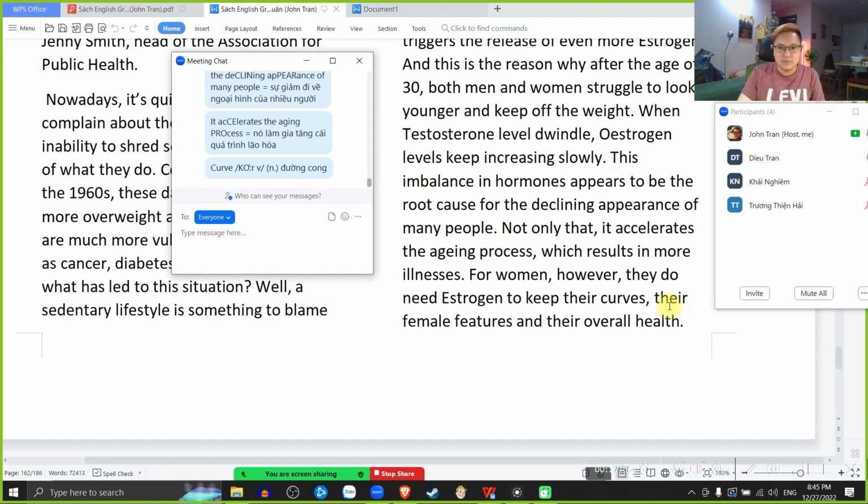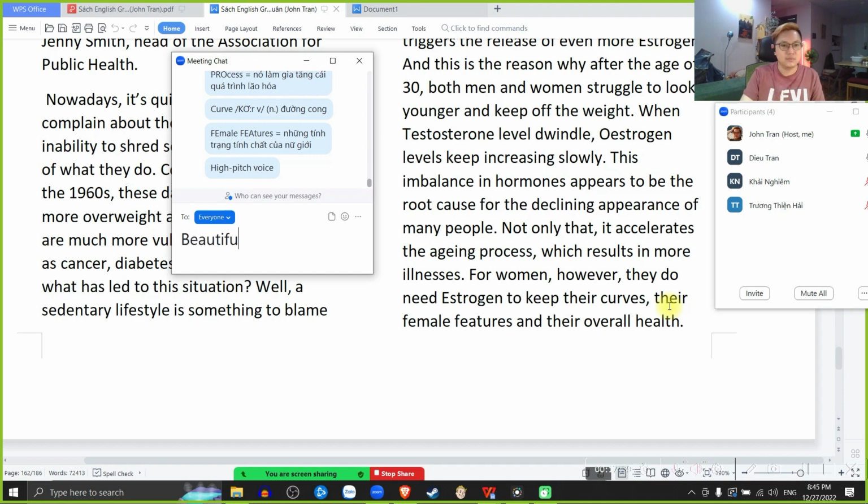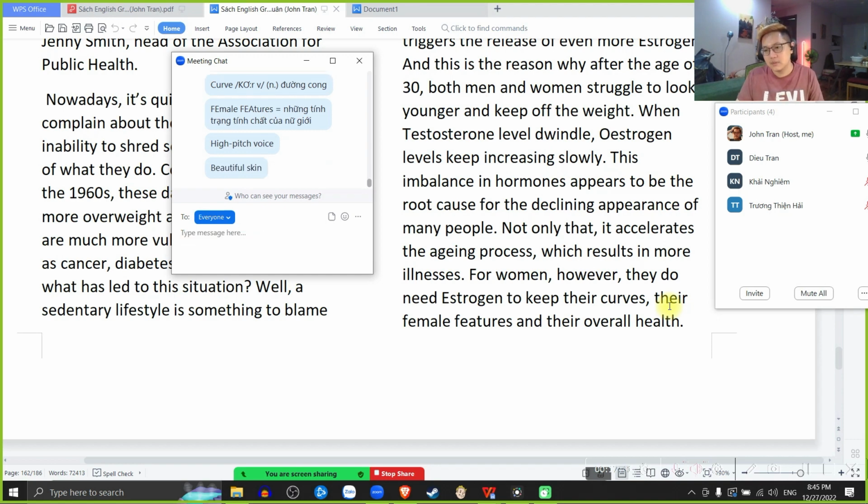These are female features, the characteristics of women, including the voice, a high pitch voice, beautiful skin, and developed breasts.